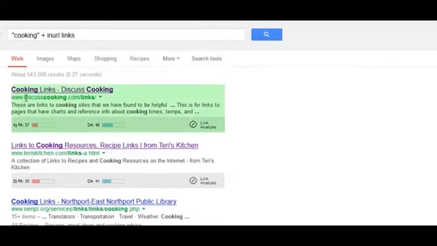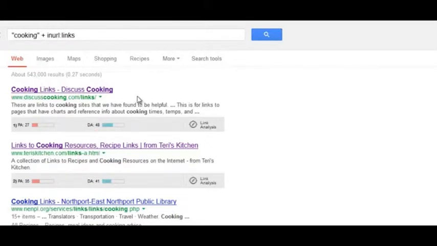This one right here is from discusscooking.com, and of course it has links in the URL. Now when you're looking down the list of the resource pages that you find, you may want to be a bit picky about who you reach out to. So one way I like to separate the wheat from the chaff is to look at the page authority of each page. Now generally when I'm link prospecting, I pay more attention to things like homepage PageRank and domain authority.